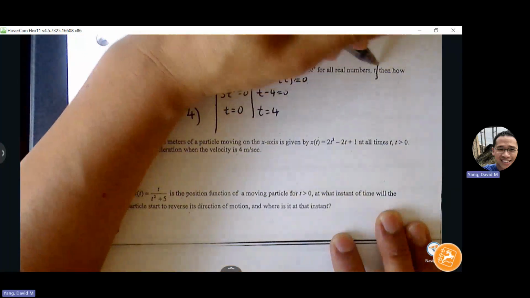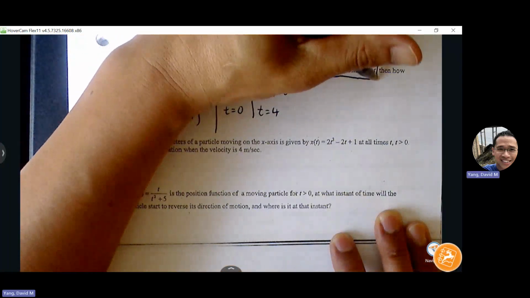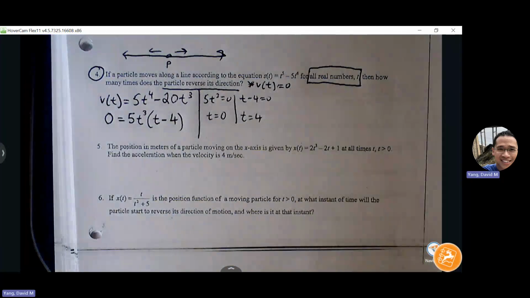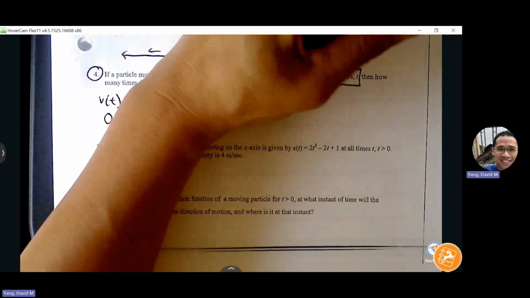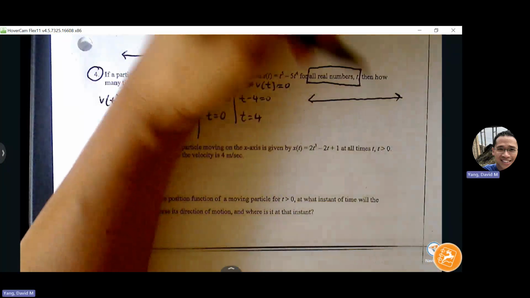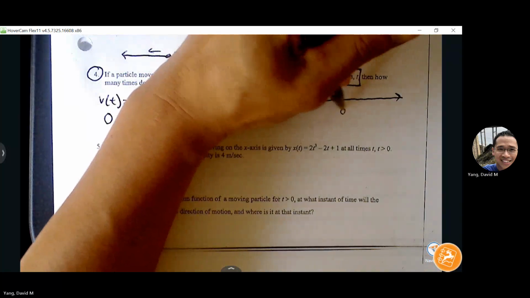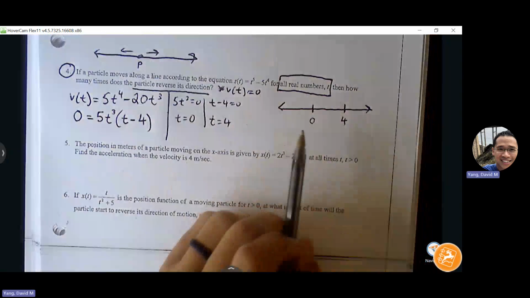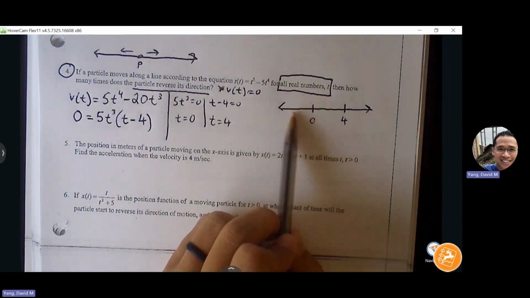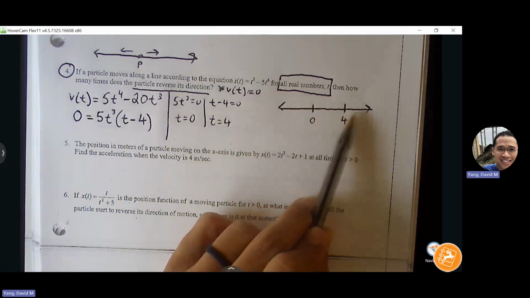Now, they don't tell us that we're restricted to positive numbers, so this is for all real numbers. We're going to imagine that this object is moving when t is negative as well. So we're going to create a number line. We'll put 0 and 4 on the number line. Now let's figure out what direction it's moving, because we know there's only 3 directions of motion here.